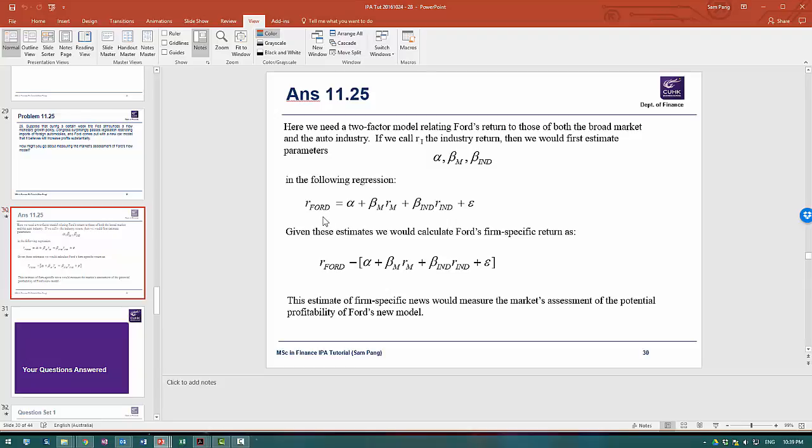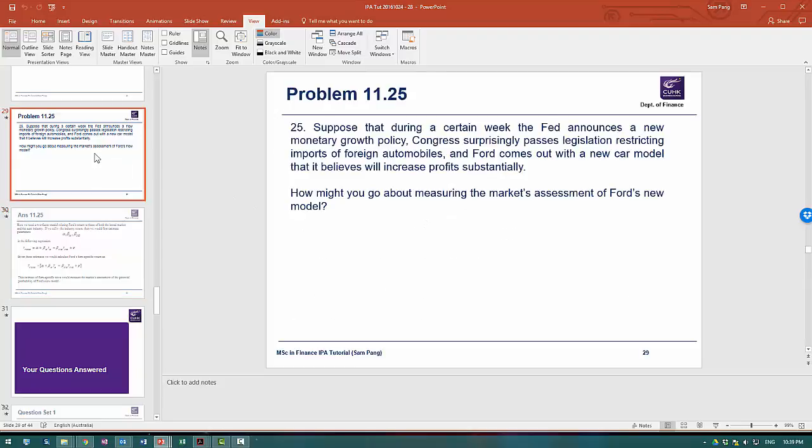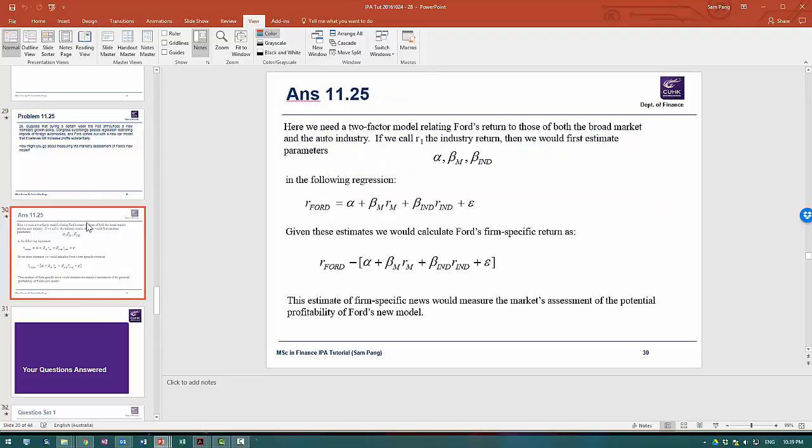Okay, so good old-fashioned boring old Ford is driven by the market and the industry. Now, what they claim now is that they have come up with a new model, and they think that it would increase profit. Now, let's suppose that was not true. Okay, so even after the announcement, Ford is still driven by good old-fashioned market risk and industry risk, just as before.